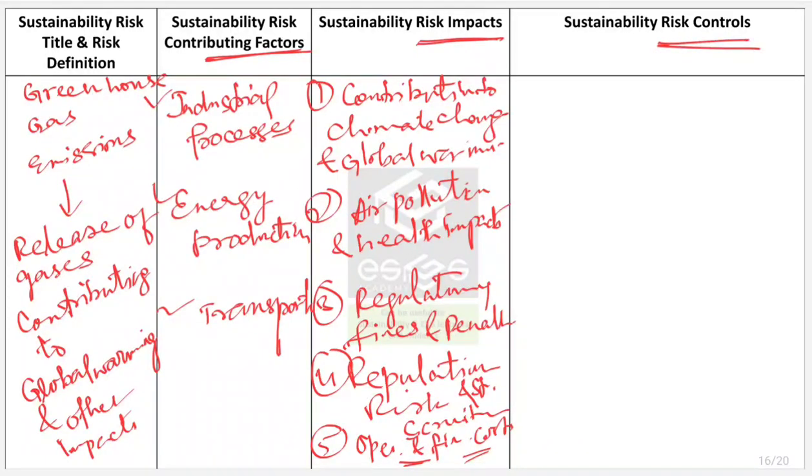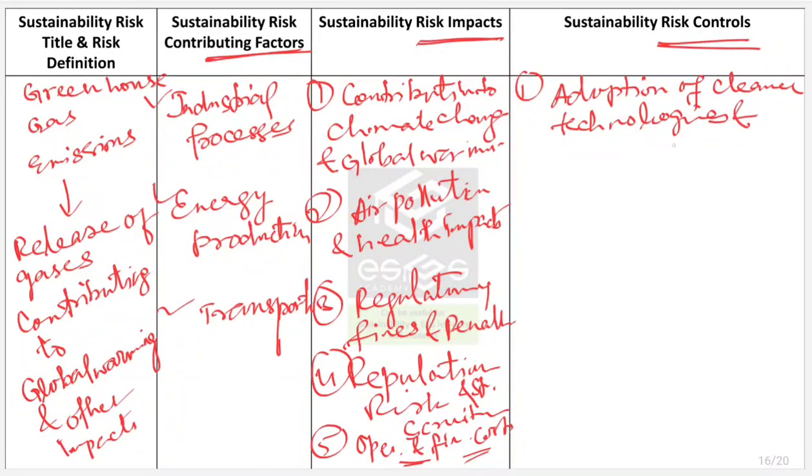So what can be the risk control measures? Let's see. The first one is we can take the example of adoption of cleaner technologies, and also we can say energy efficient practices.